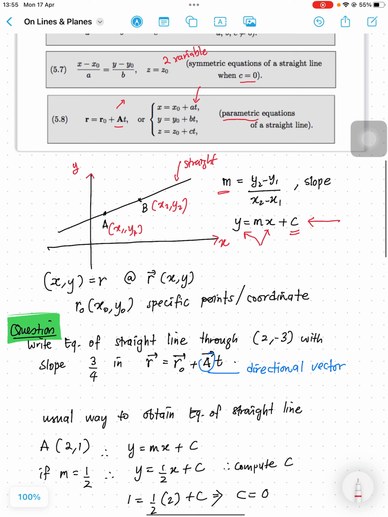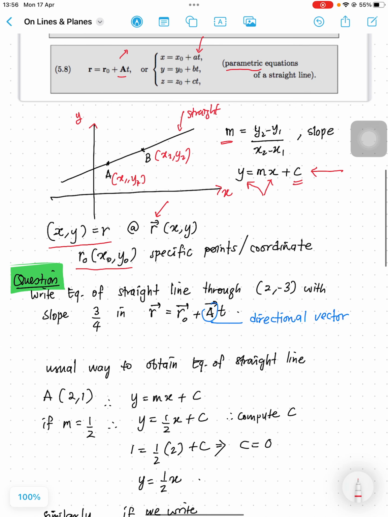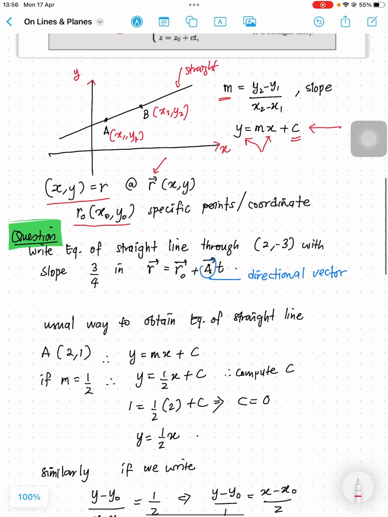For the equations of parametric straight line, remember, for any general coordinate r, you can put it as x, y, or you can put it in terms of a vector because of the coordinate. For a specific point or coordinate, you can choose r0, or the coordinate is x0, y0. We look again at a sample example of these equations.